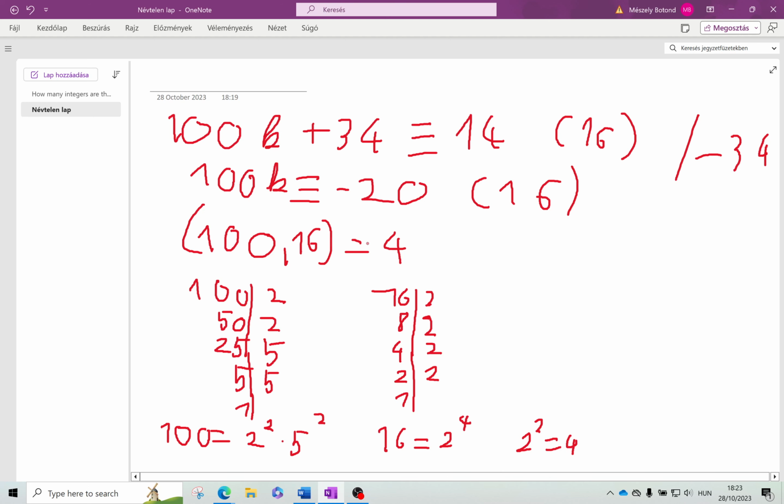Now we need to check if 4 is a divisor of 20, which is true. So this equation has a solution.